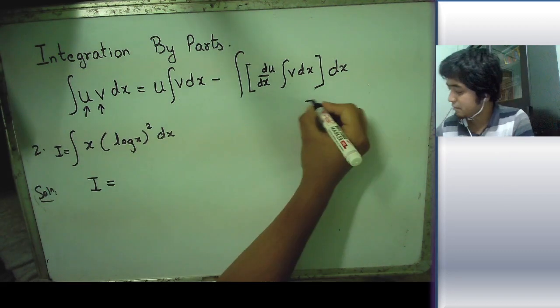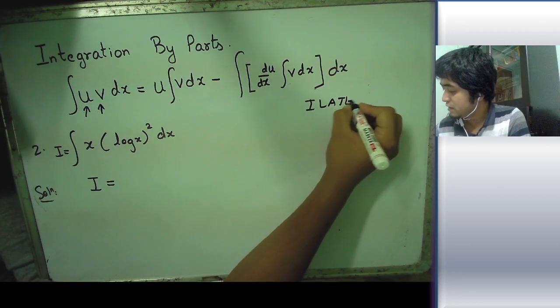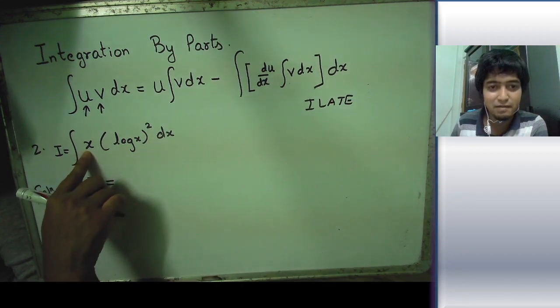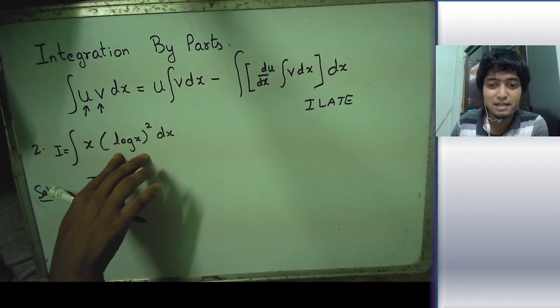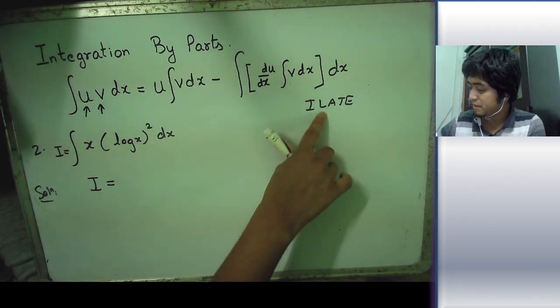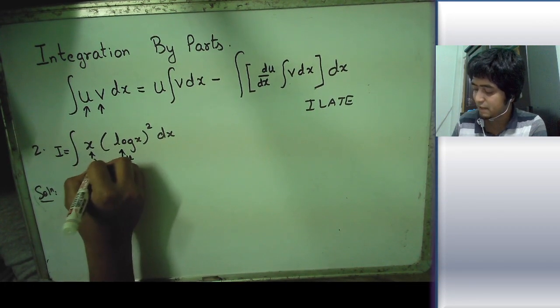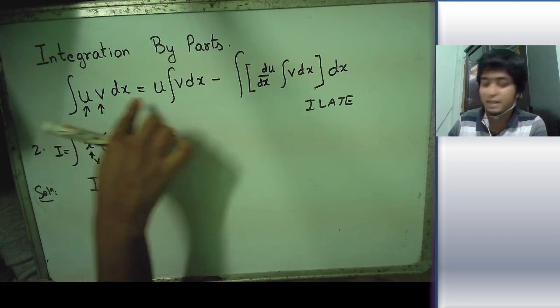Okay, according to that rule, ILATE, L comes first over algebraic. This one is algebraic. This one is logarithmic. So L comes first, so you will take this one as u and this one as v. So you will use the formula over here.